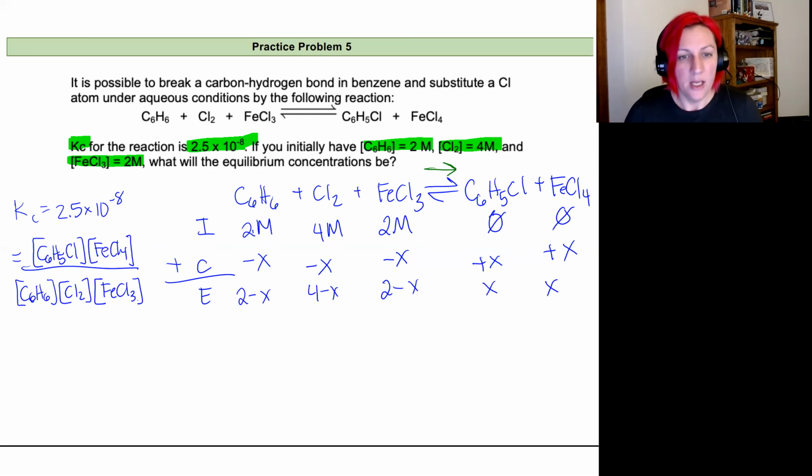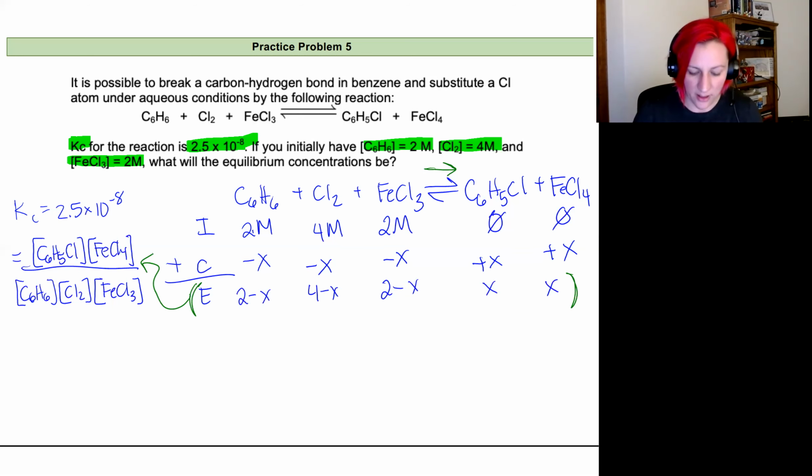All right. So now I'm going to take these equilibrium concentrations in terms of X and plug them into this expression. And I'm going to jump ahead a little and note that this looks complicated enough that it might actually be cubic. So let's first test it. It's always worth trying it out. Maybe it's easy to solve.